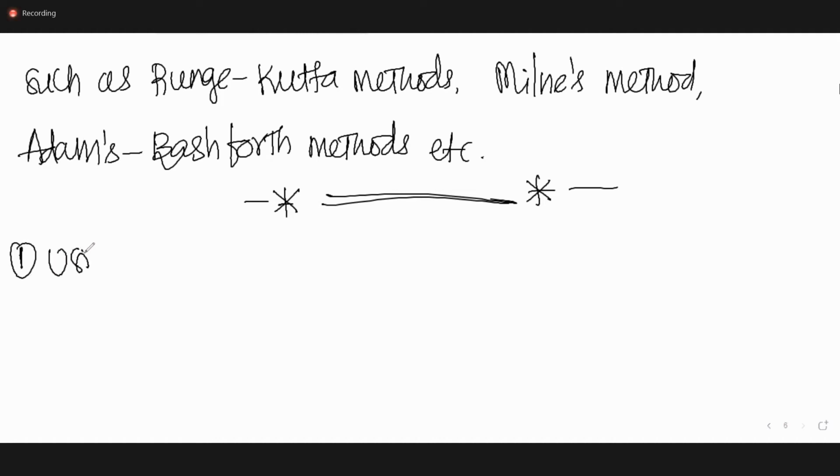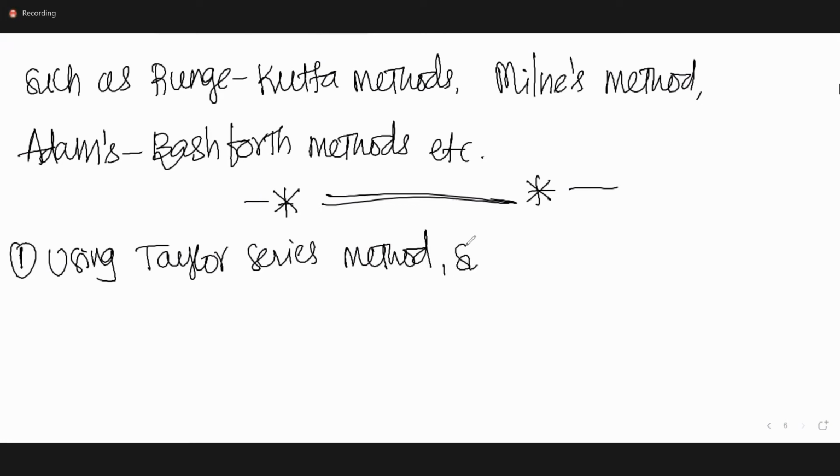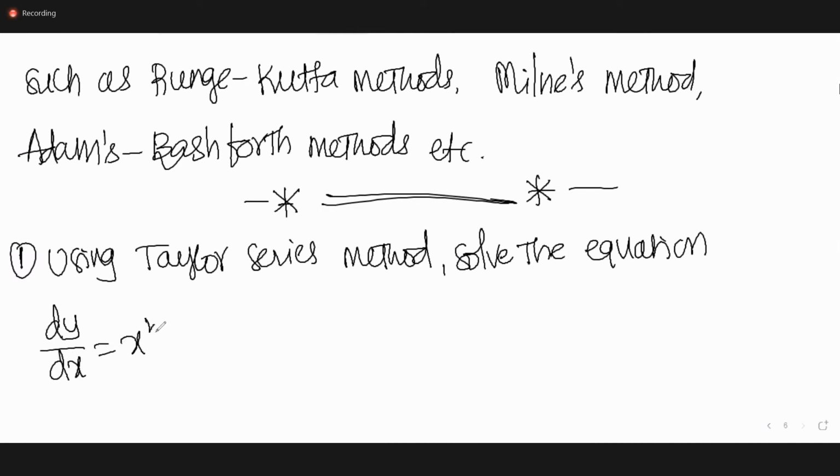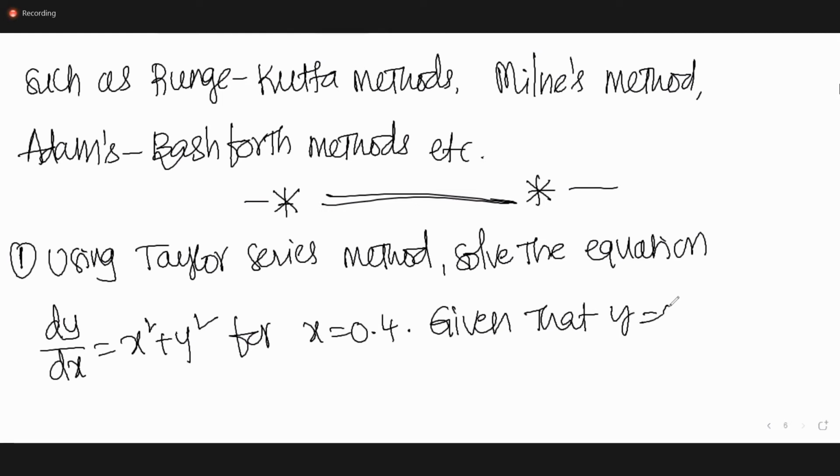Problems using Taylor series method. Using Taylor series method, solve the equation dy by dx is equal to x square plus y square for x is equal to 0.4. Given that y is equal to 0 at x is equal to 0.